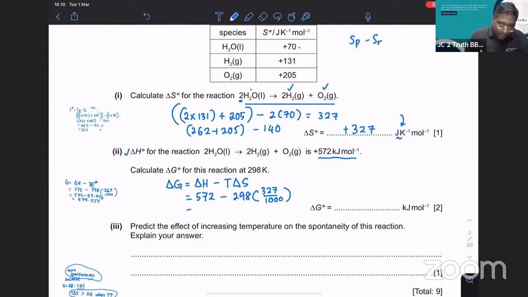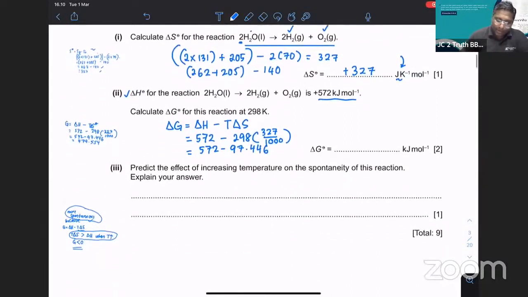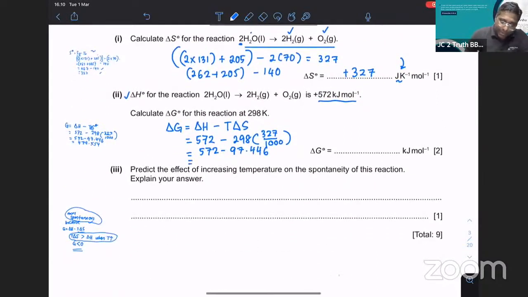If you calculate, you are going to get 572 minus 97.446. If you have a calculator with you, calculate. You are going to get 474.554 kilojoule per mole. I'm going to use 3 significant figures over here, so I'm going to just write down 475.